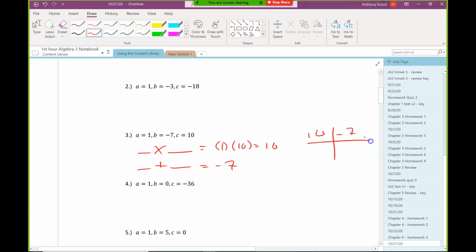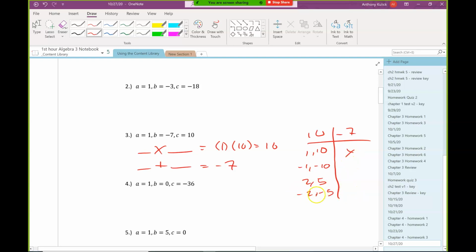So again, we always start with the multiplication problem first. Remember that 2 positives give us a positive, but multiplying 2 negatives also gives us a positive. So I can do 1 and 10, or negative 1 and negative 10, and then 2 and 5, or negative 2 and negative 5.